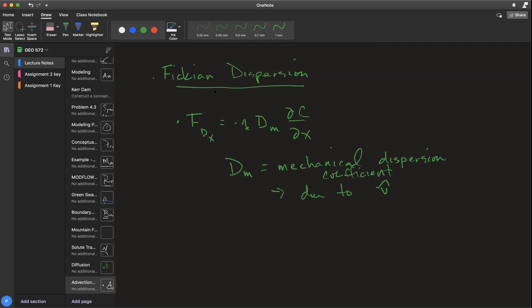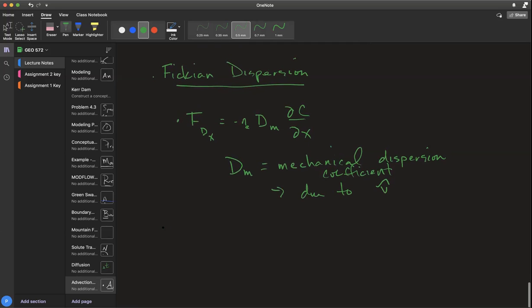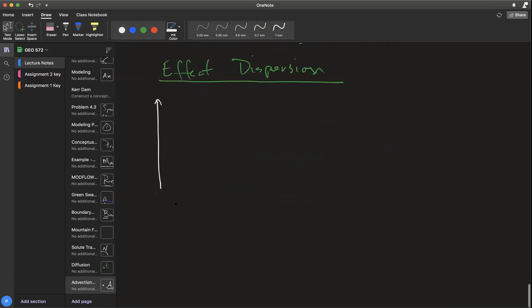But let's say this, here's the effect of dispersion. And let's start off. So let's recall our piston flow curve for a step change. Our piston flow breakthrough curve for a step change.